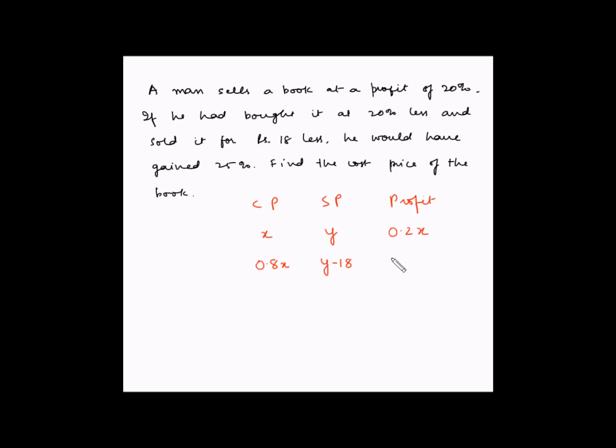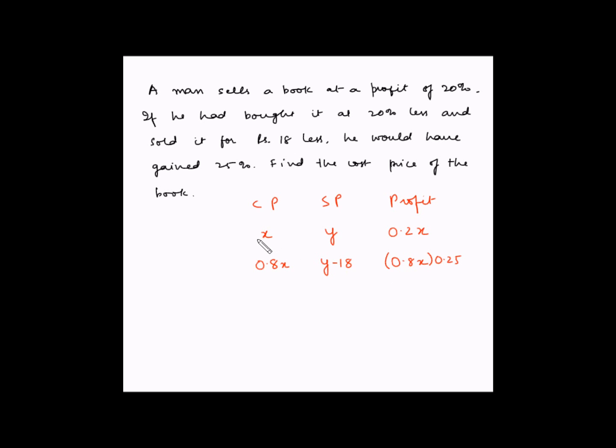Then he would have gained 25% on the cost price. So his new profit would be 25% of the cost price, that is 0.8 times X, multiplied by 0.25.